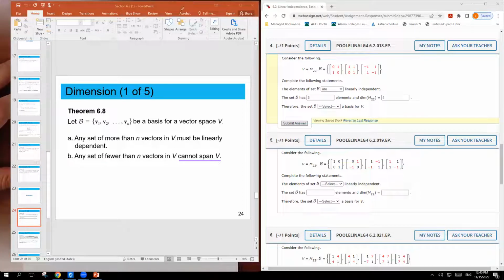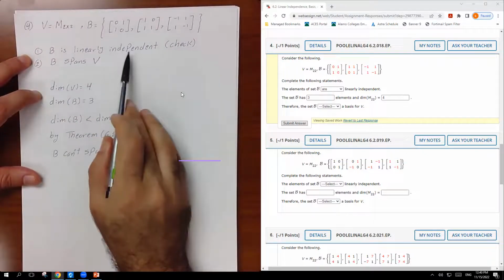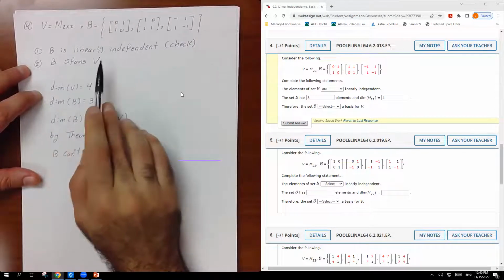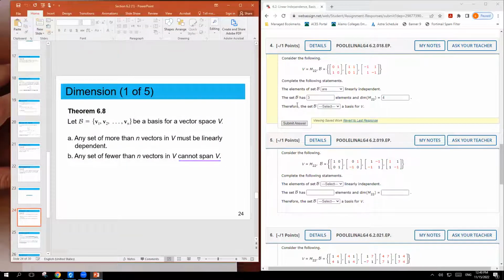The first condition is B is linearly independent. The second one is B spans V. But by this theorem, we find out the first condition, yes, B is linearly independent. But the second condition, B cannot span V.